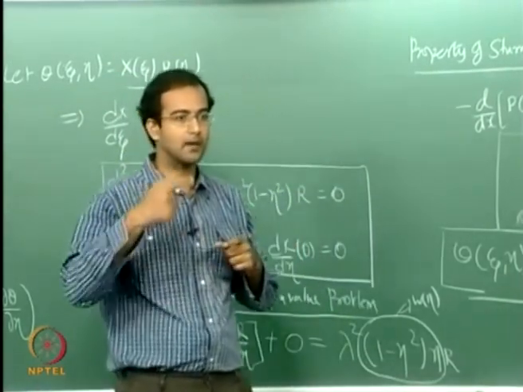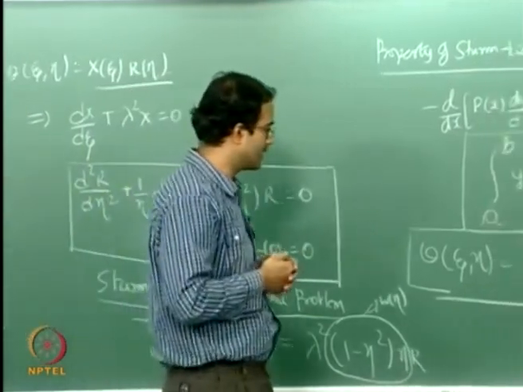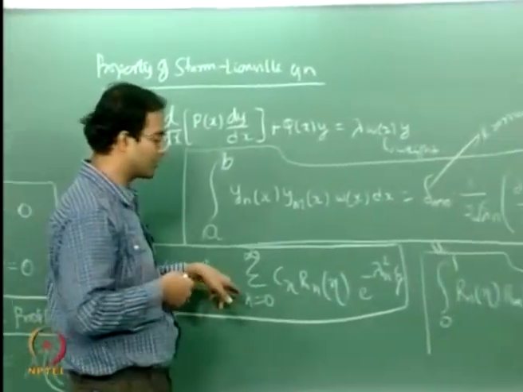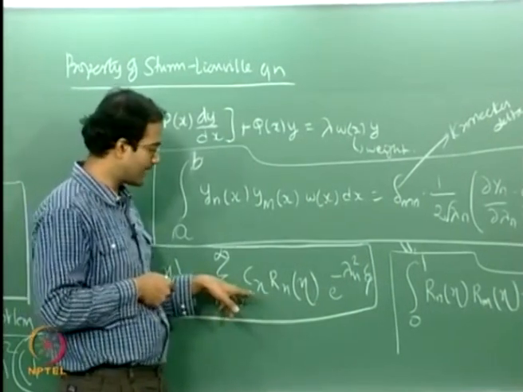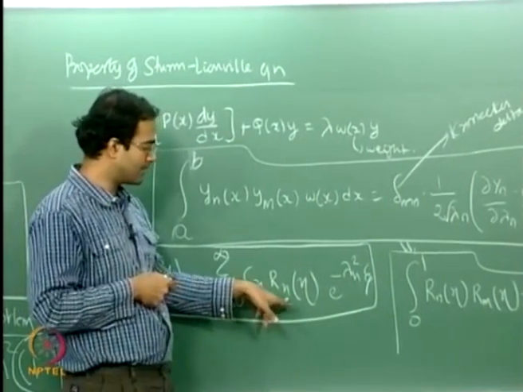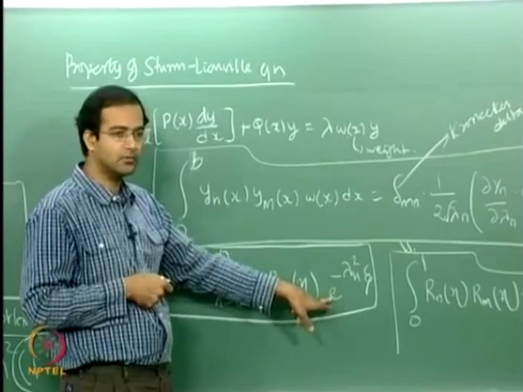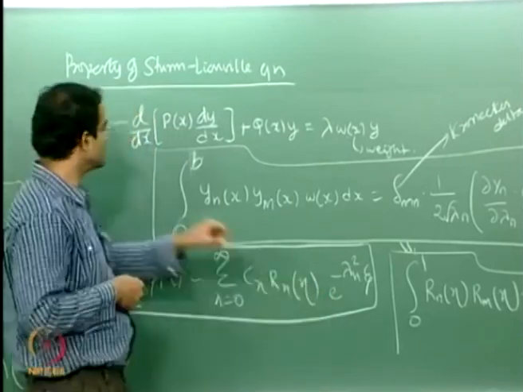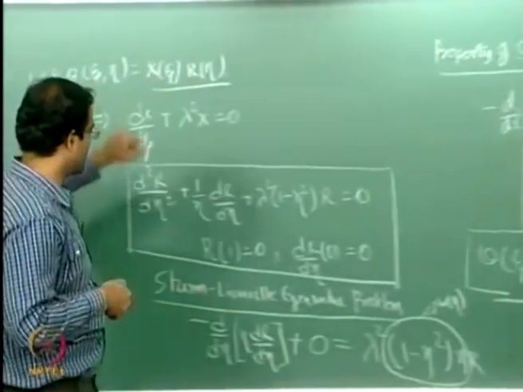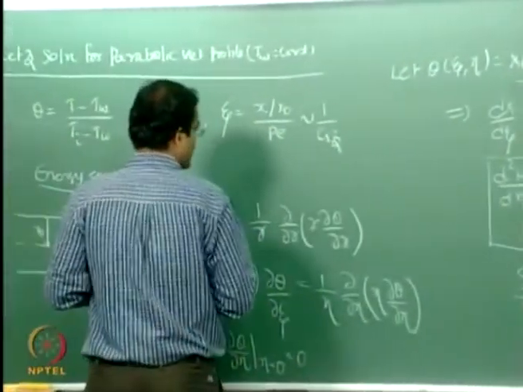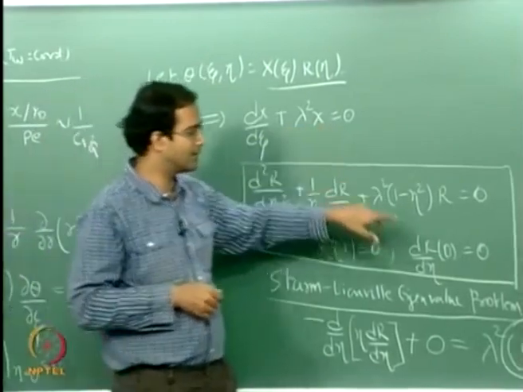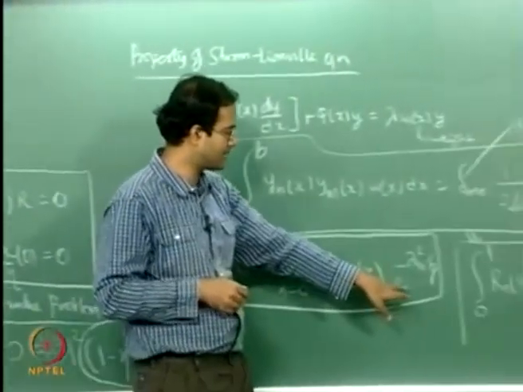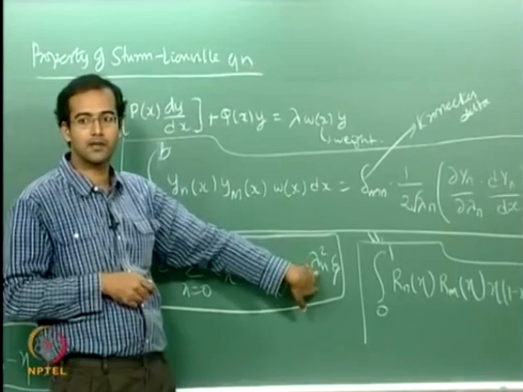For each value of lambda you have to find the eigenfunctions, and finally the solution will be a superposition of all these eigenfunctions. That can be written as a constant times the eigenfunction into the other solution for x. The other solution for x as a function of zeta is a very straightforward ODE which can be directly integrated, and that will be a constant times e power minus lambda square zeta.